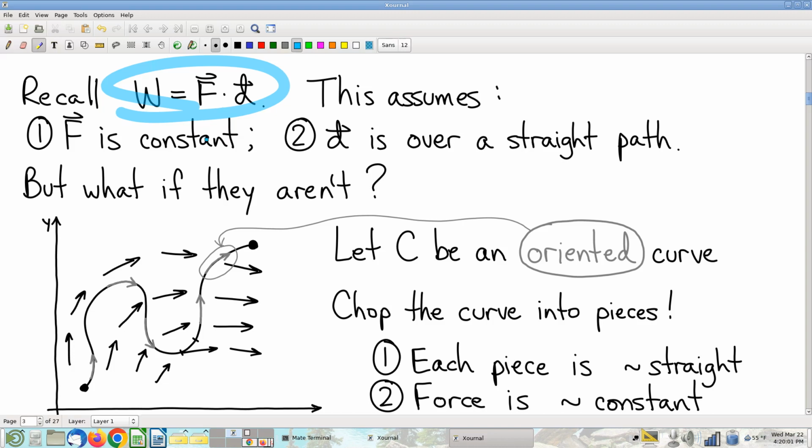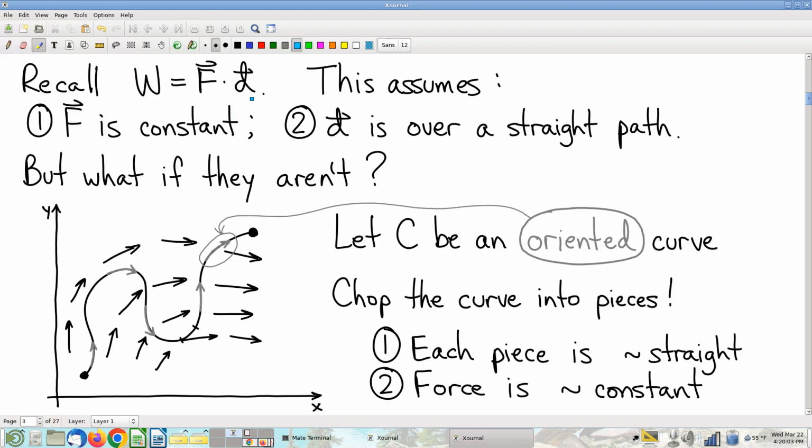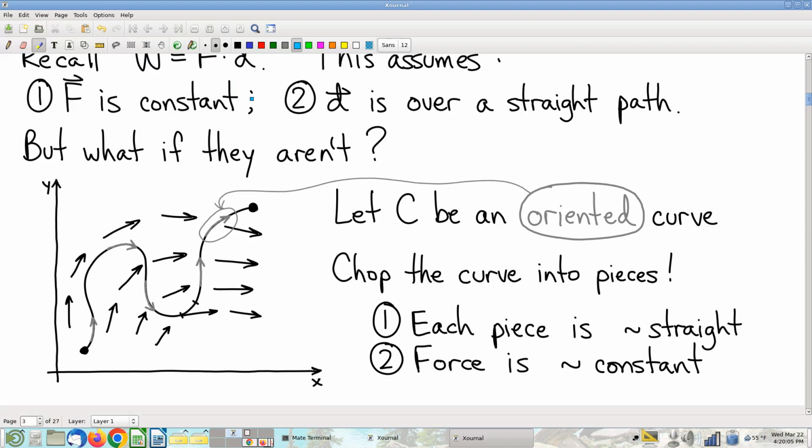We need to generalize. The big idea is we're going to chop into little pieces. We're going to say, look, the total amount of work is the sum of how much work it takes to move along each little piece of the curve, and then we're going to add up over all those little pieces of curve. And the good news, on each little piece of curve, it's approximately straight. Not exactly, close enough.